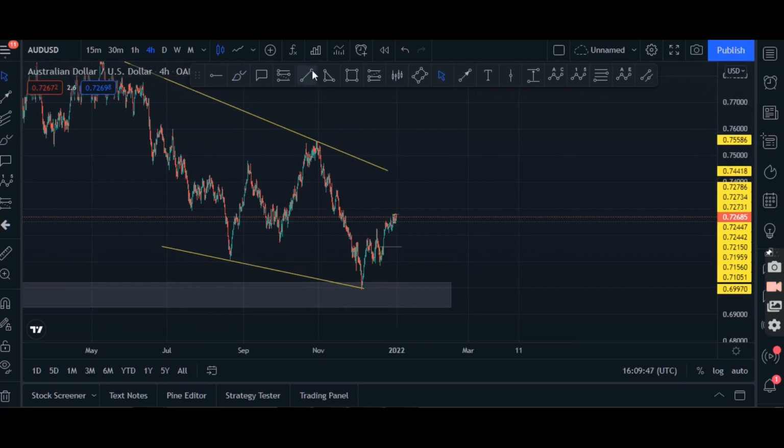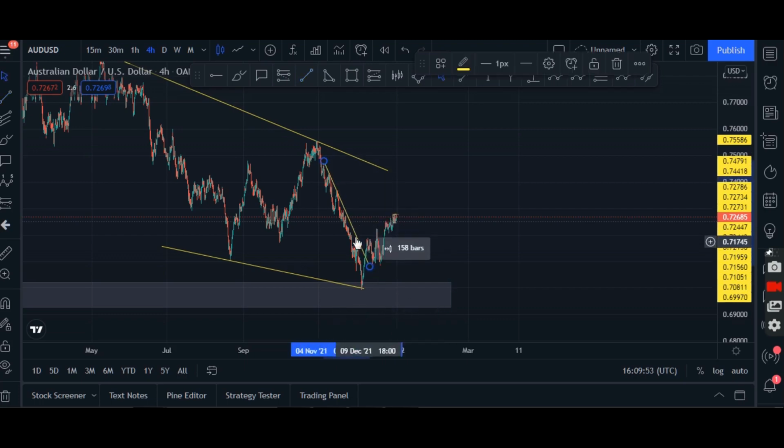You can see from this impulse over here, so we put our trend line like that, from that descending wedge, that this market broke out over here. It was an impulse, broke out, and then a retracement, and then a continuation. That's basically what happened here.